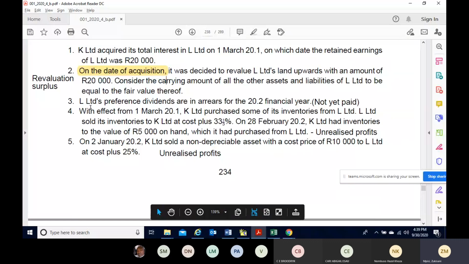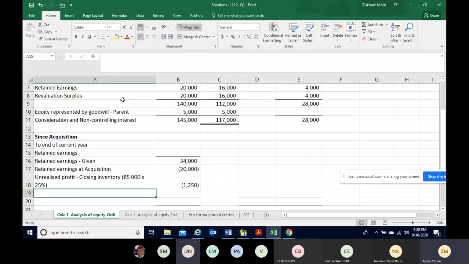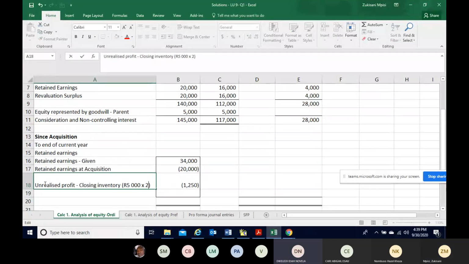Now, on number 3, we are told that preference. On that calculation, you're saying it is 25%. So for me, I said 5,000 multiplied by 33 divided by 133. It's giving me 1,240. Remember, it's not 33 divided by 133, it's 33.33333 divided by 133.33333.